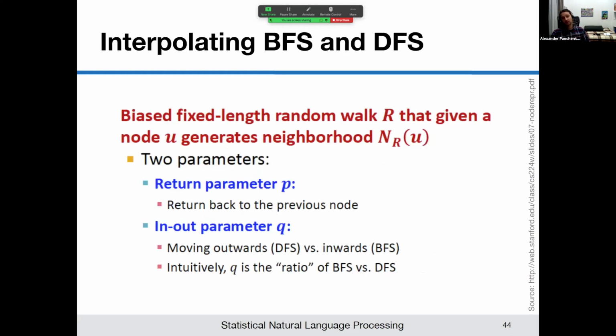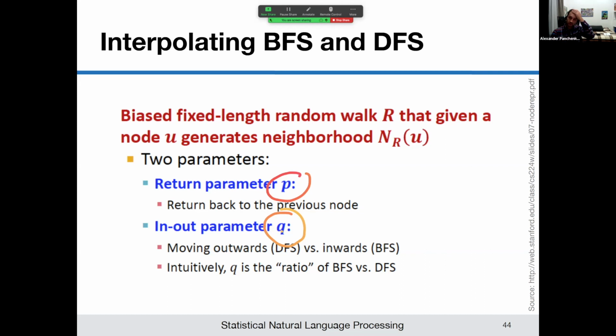And how it is done, well, the authors introduced two parameters, P and Q. P is a parameter which controls how often you're going to return to the previous node in your random walk.